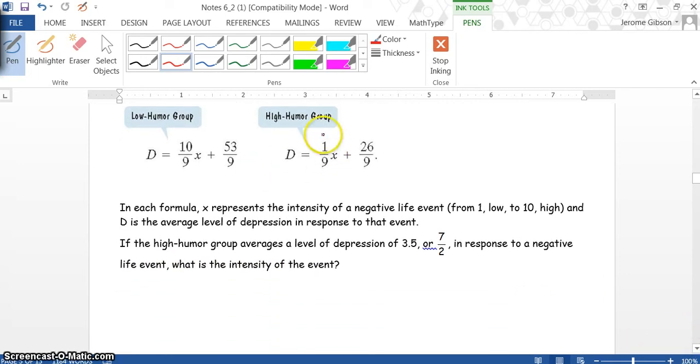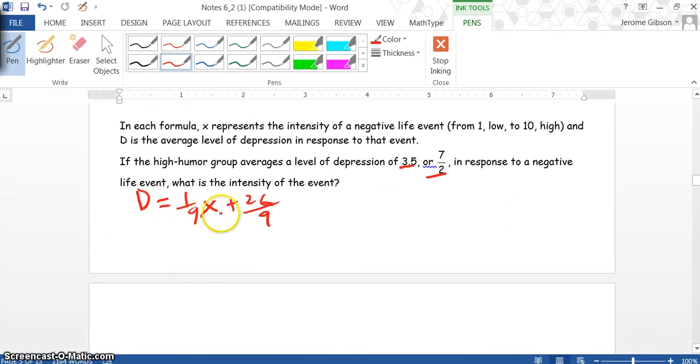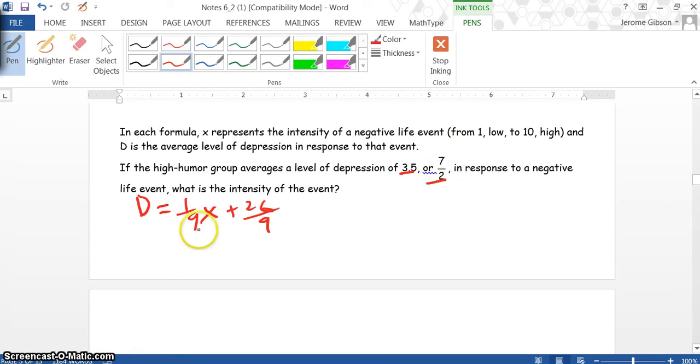Okay, so we need to take the high humor group equation. We will have D is equal to 1/9 x plus 26 over 9. Now remember, this 3.5 represents D. So since we have fractions here, I would suggest that we work with fractions.